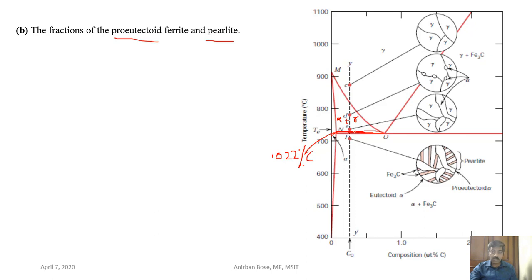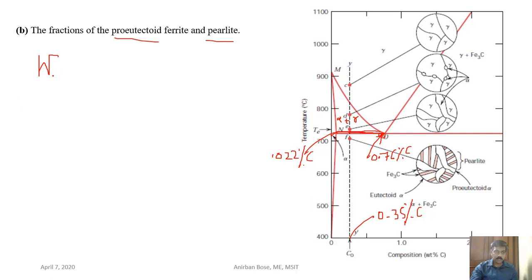And what is the composition of austenite present? That is eutectoid composition, that means 0.76. And overall composition you know, that is 0.35.